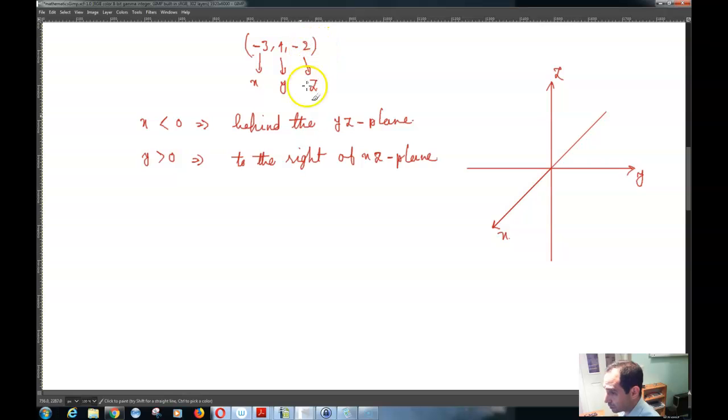And since your z is negative, then you are to the top of the xy plane.